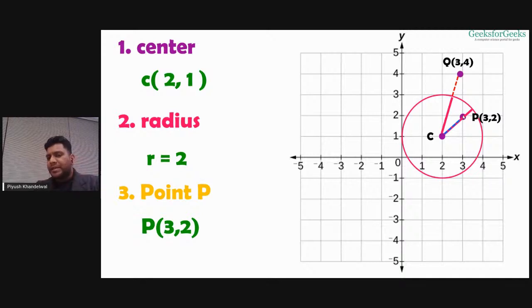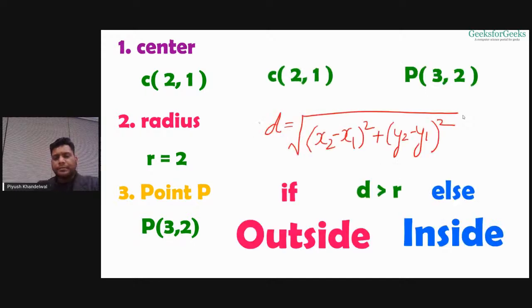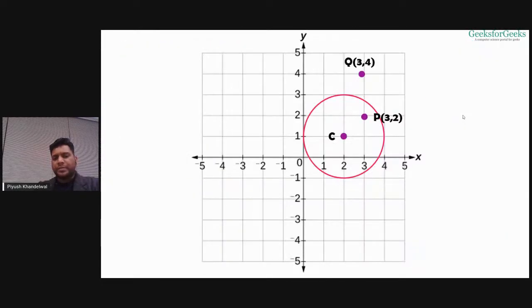Okay, I hope this makes sense. There is no problem till now. We have seen this and written this program as well. Now see, we have talked about this point 3, 2 and this point 3, 4, and we saw whether they are inside or outside. Now what about this point 2, 3?